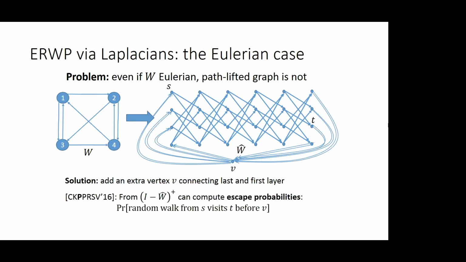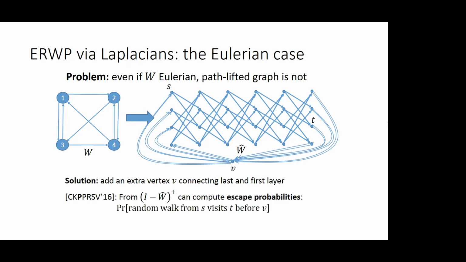And then if you want to compute the transition probability from s to t in the original W to the k, so this is the non-lifted W, then we can just compute escape probabilities on this graph W hat.